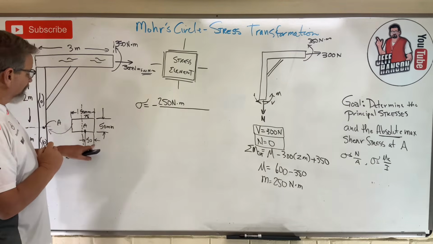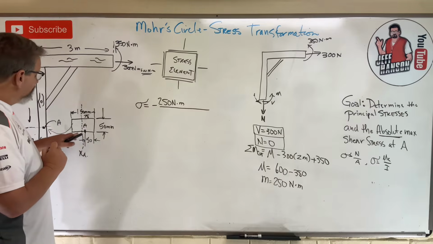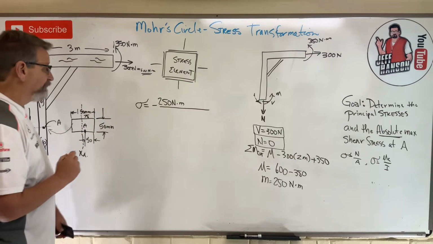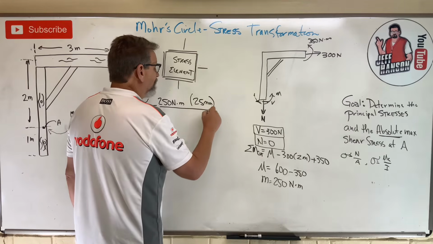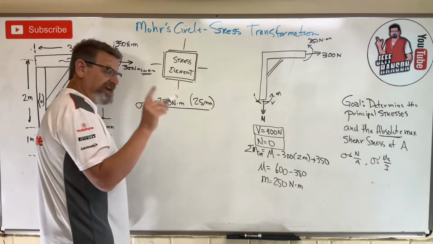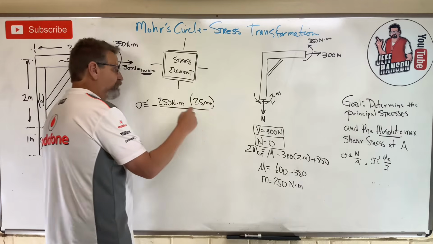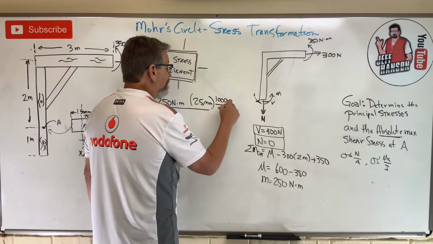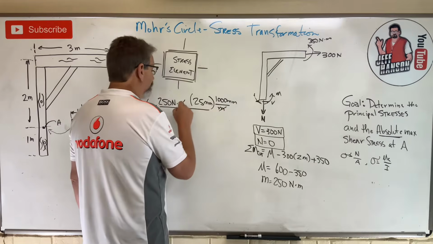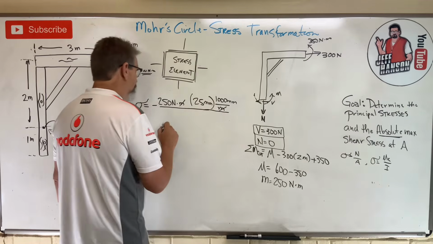So if from the end of the part to A is 50, then from the neutral axis to A must be 25 mm's, okay? Now, don't forget, that guy there is in meters. We need that meters gone. So let's put a meter on the bottom. That's 1,000 millimeters. Now my meters cancel out. I feel good again, okay?